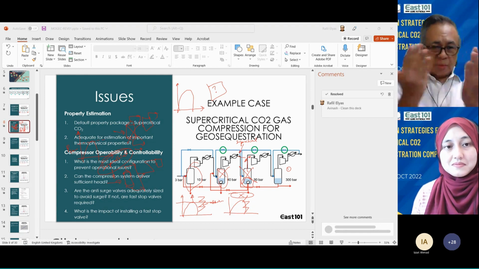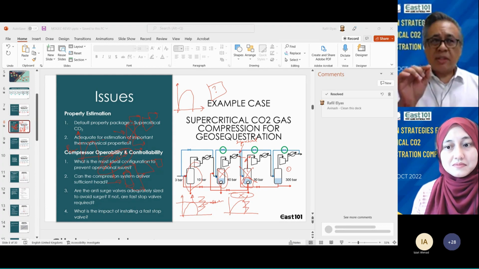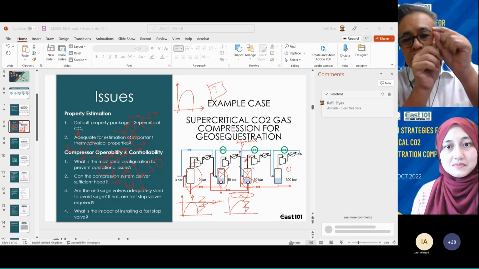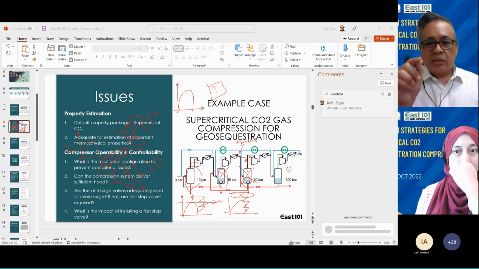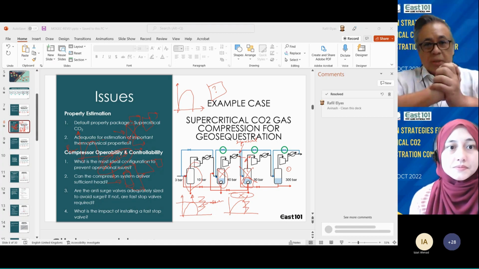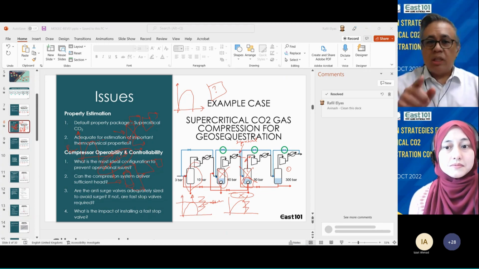Even if you look in the simulation manual, it used to tell the user that even if you are looking at the liquid phase, but the liquid phase is very close to the critical region, it tells you to use a compressor rather than a pump, because the fluid is compressible. The pump object in HYSYS is only for incompressible fluids.